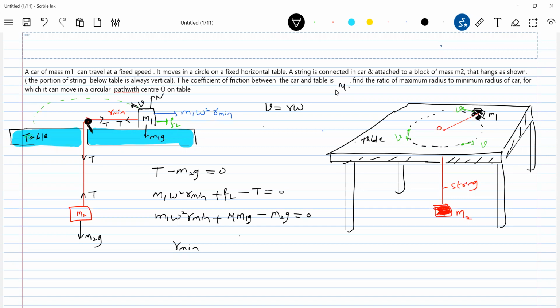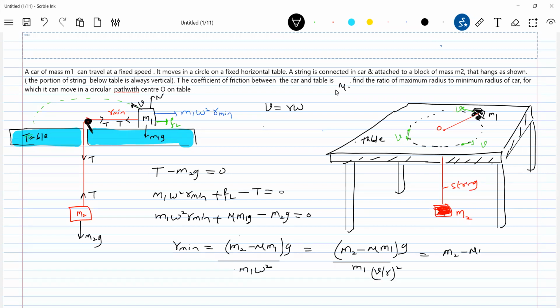So r minimum equals (m2 minus mu m1) g by m1 omega square. We don't know omega. Omega is V by r. Okay, this will be the r minimum value.